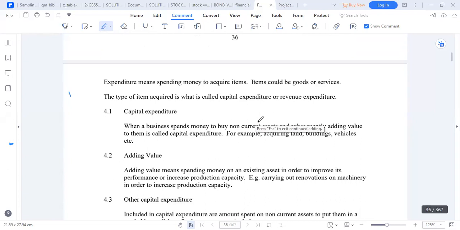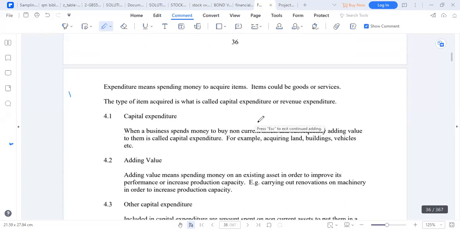All right. So expenditure means we are spending money to acquire an item or a service. The type of item that is acquired is called capital expenditure or revenue expenditure, one of the two. When we're dealing with capital expenditure, it means we're buying fixed assets, which are adding value to a firm.